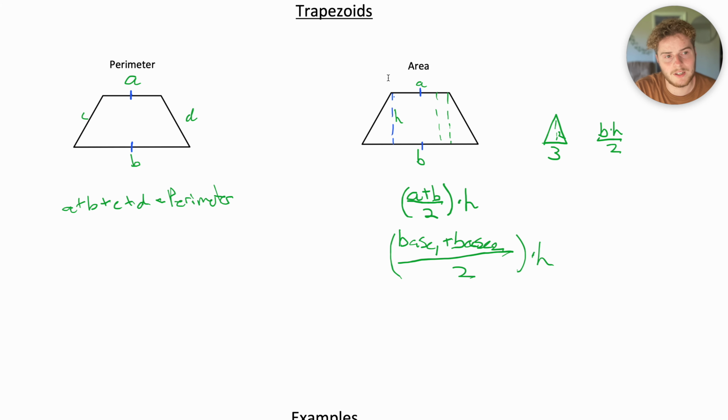But when it comes to area, it is slightly different. We have 2 bases given, and then we have the height of the trapezoid. You add the bases together, base 1 plus base 2, divide that sum by 2, and multiply by the height. This equation comes from incorporating the area of triangles into finding the area of a trapezoid.